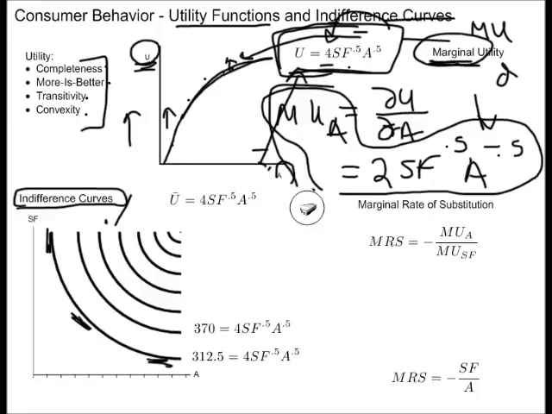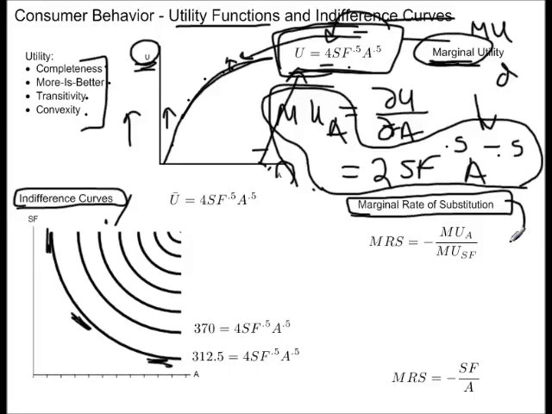Just like the slope of the budget constraint being a pretty meaningful thing to us, we can define the slope of the indifference curve. The slope of the indifference curve is this concept called the marginal rate of substitution. The marginal rate of substitution tells us our trade-off in terms of our happiness between goods. And I'm going to assert some things and not go through a whole bunch of math. The marginal rate of substitution for an indifference curve is the ratio of its marginal utilities.